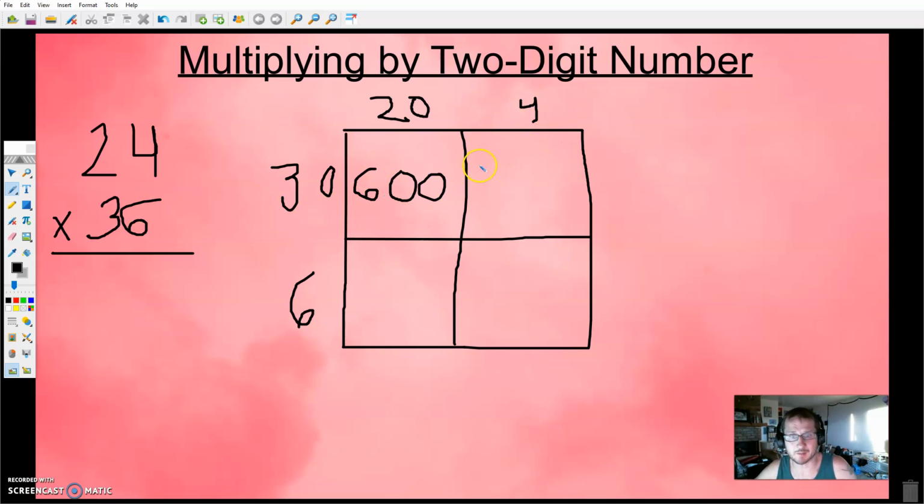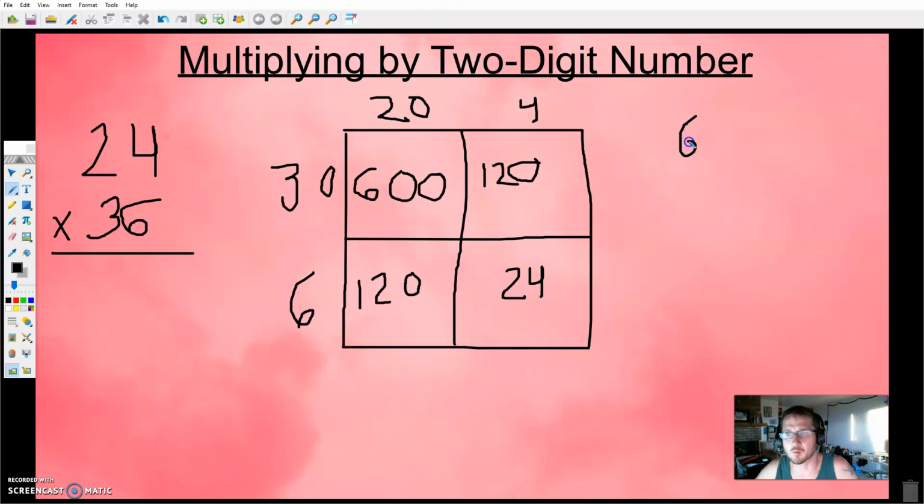Same here, 4 times 3 is 12, but because it's 4 times 30, that's that power of 10, I need to add the 0 to the end. 2 times 6 is 12, adding the 0 for the power of 10, and then 6 times 4 is 24. So we've got our partial products model again.